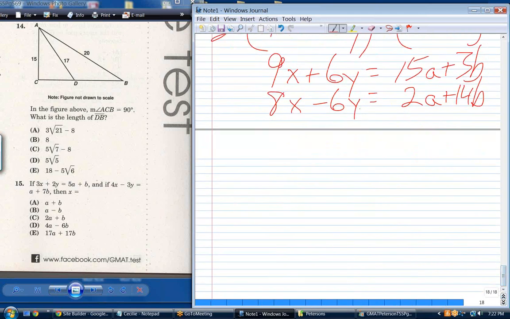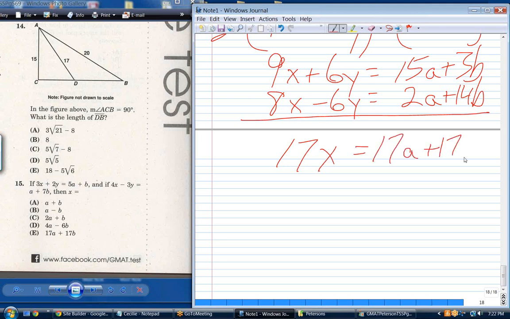So now I'm going to add these two equations, which you can always do. What do I have? I have 17x equals 17a plus 17b. So what is x equal to? a plus b.